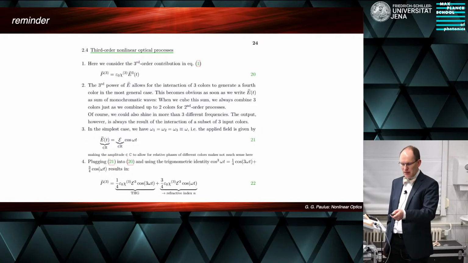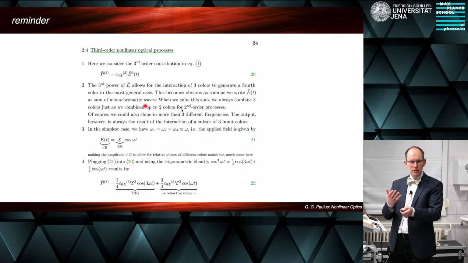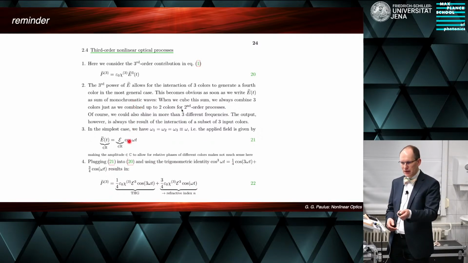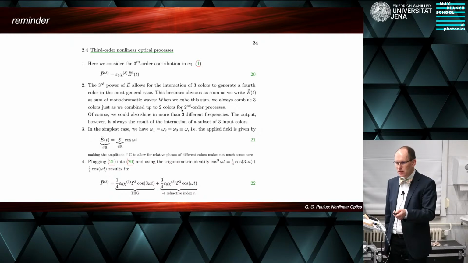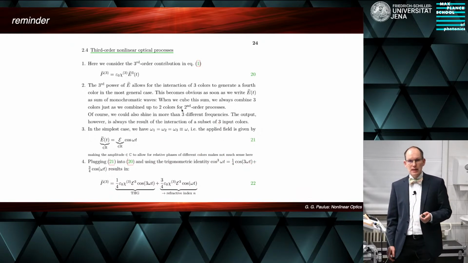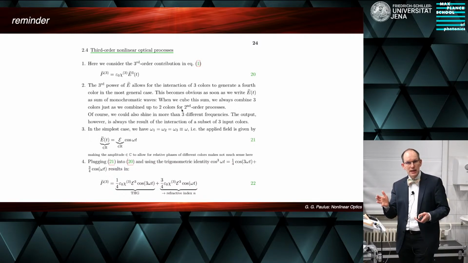There we took this term from this expansion of the polarization, and we just plugged in the simplest case where we have just one fundamental color, just one field, and then we took the cube of that and used some trigonometric identity, and we found a polarization that oscillates at the third harmonic.